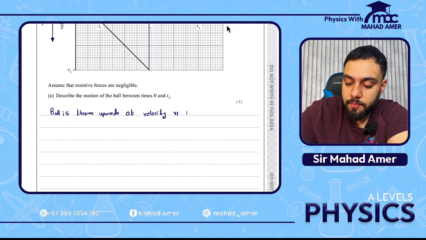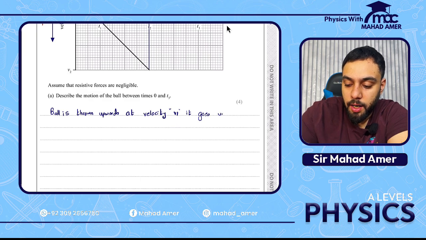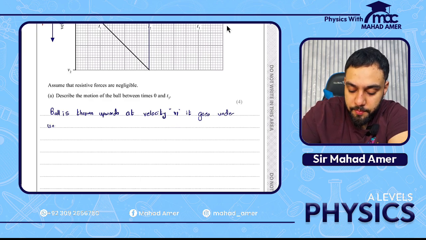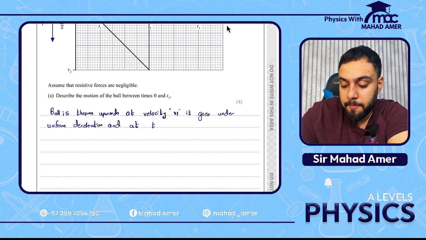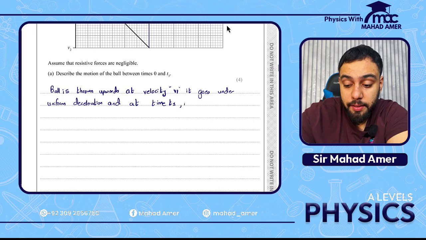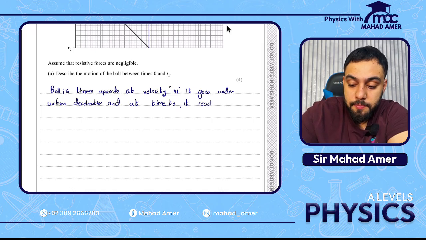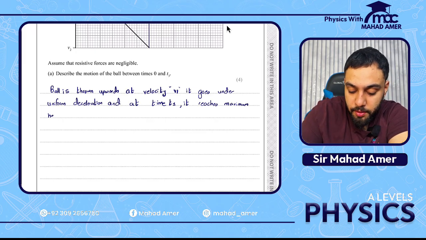It goes under uniform deceleration, and at time t1 it reaches maximum height and velocity becomes 0.